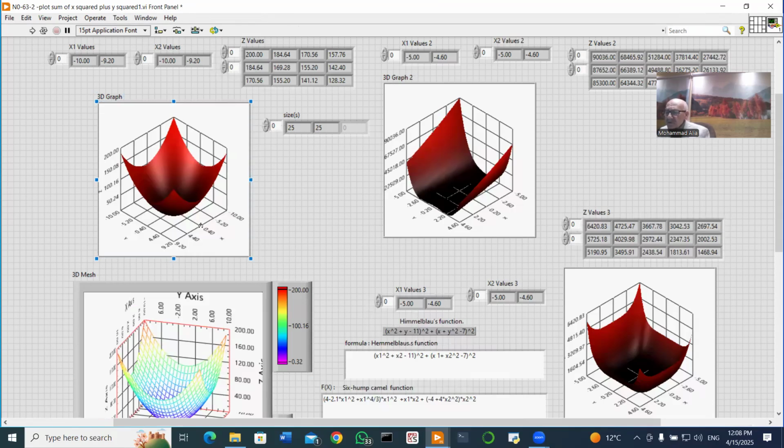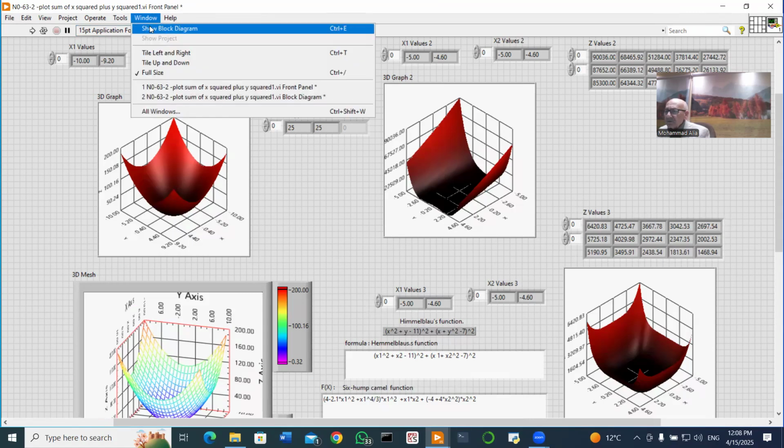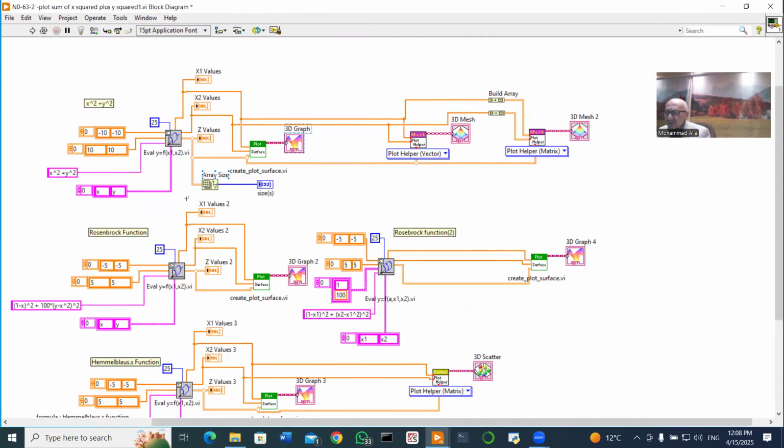This is the figure which I have got. What is interesting, as I told you, is that there is no need here to convert the output to a mesh, or feed the output to a mesh grid function and from the mesh grid function supply it to the plot surface. No need for that. Directly, this is really an advantage for LabVIEW.